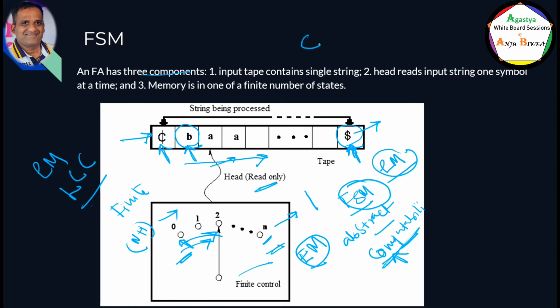Means now the control is in current state S1. When the input is B, it moves to another state S2. Like that, the finite control is moving through its states. Then the head is moving in the forward direction. When the dollar is reached, the finite control ends up in some state.